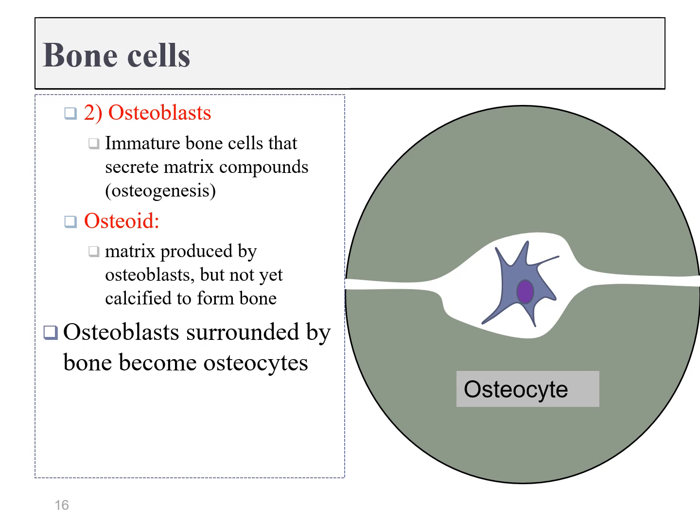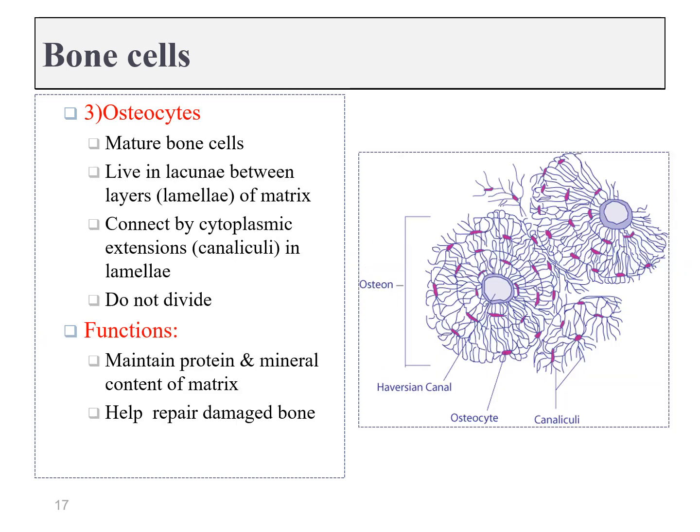Once the osteoblast is completely surrounded by this dense extracellular matrix, it differentiates into an osteocyte, a cell that's capable of maintaining that tissue rather than secreting new tissue. So the osteocytes live in little pockets called lacunae, or lakes, and they're connected to one another by tiny little canals called the canaliculi.